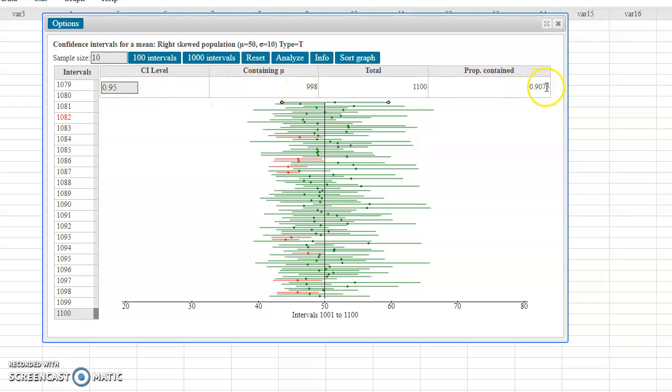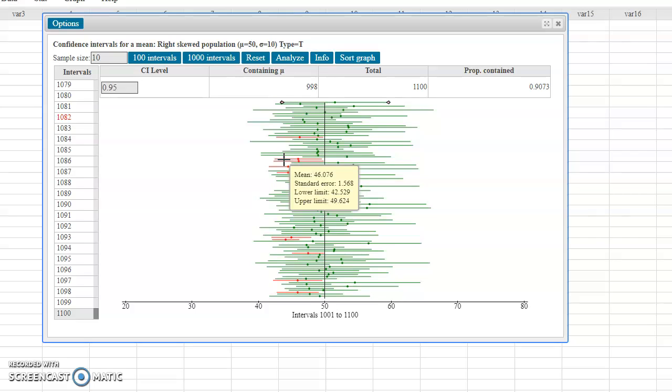Now we're a little bit below 95%. We got 90.73% that were green. In other words, 90.73% of the confidence intervals contained the true value of the population mean. Those are the green ones. The red ones are the intervals where the true mean of the population is not contained within the confidence limits.